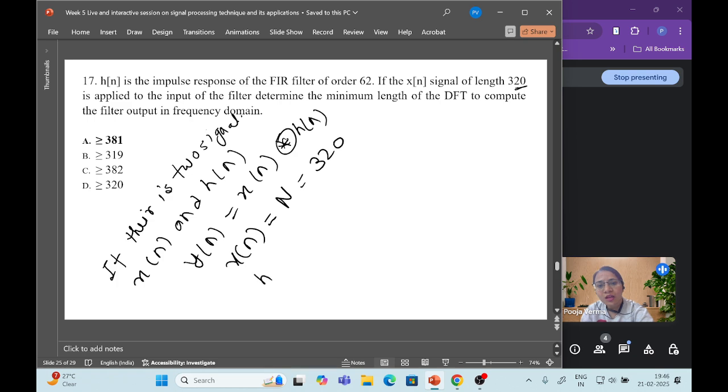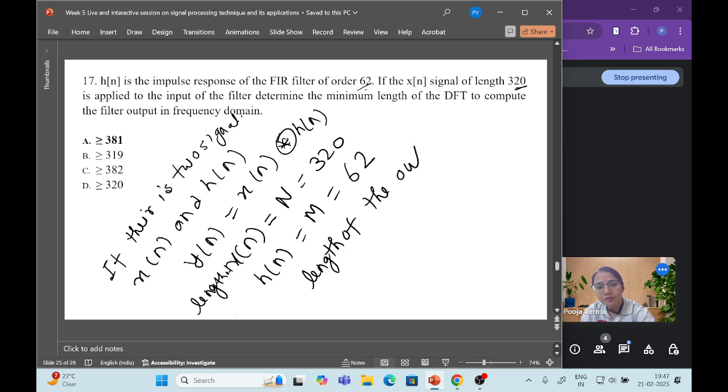And the length of h of n is M, which is given as 62. So what will be the minimum length of the output in the frequency domain? The length of the output in the frequency domain must be less than or equal to N plus M minus 1.